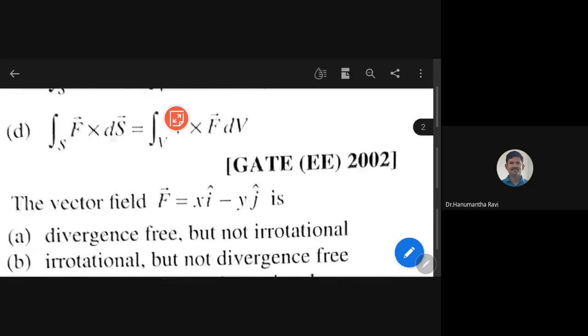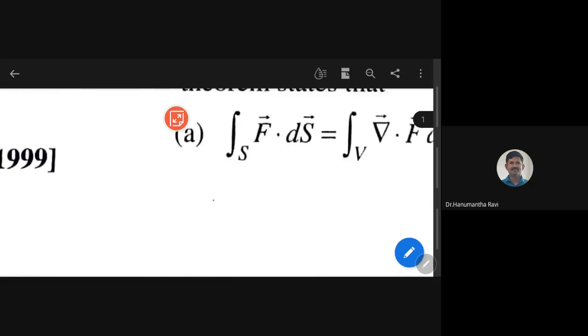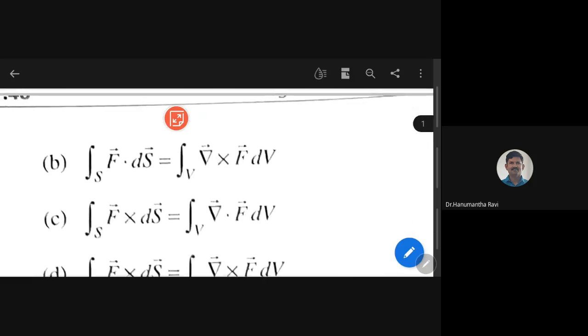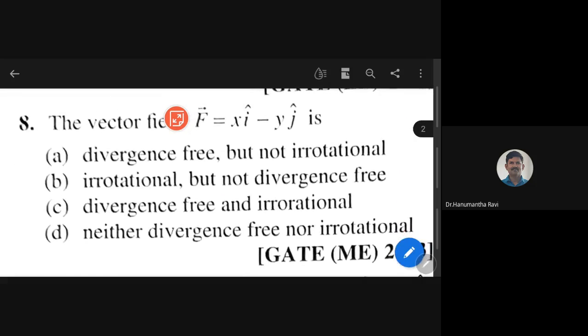Then we go to the 8th question. The vector field F bar is divergence... this also we have done, I think.